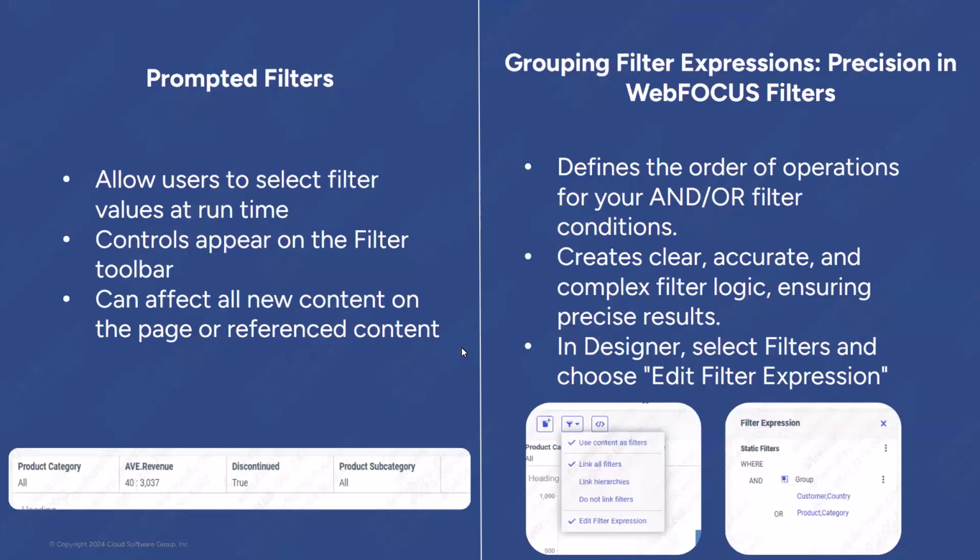Over and above that, you have grouping filters that allow you to have more complex logic behind your filters, allows you to embed where clauses that have either ands or ors or a combination of the two.